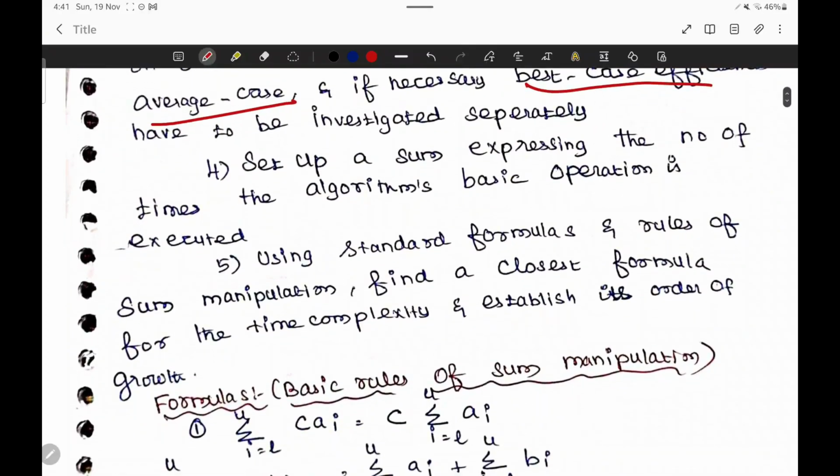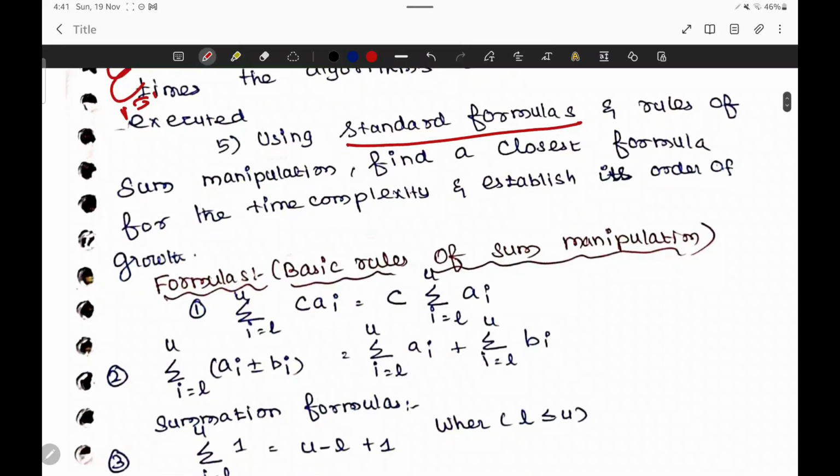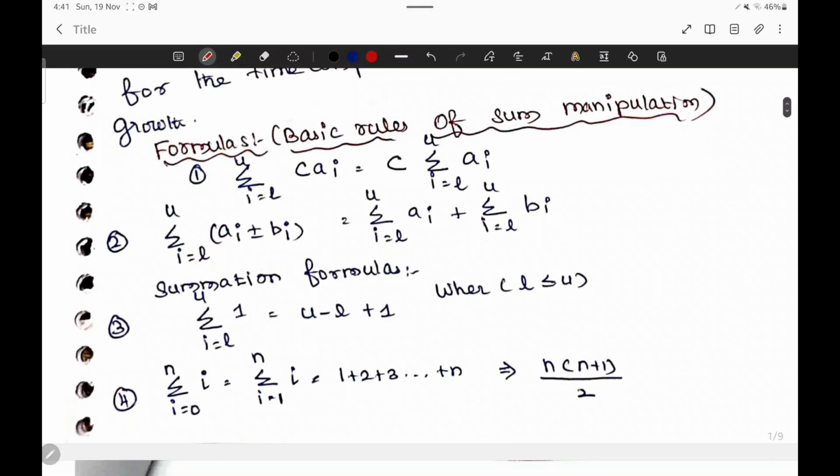The fourth and fifth steps are different in the non-recursive compared to the recursive algorithm. In the fourth step, we need to set up a sum expression, for example the summation of a particular variable ranging from a lower bound to an upper bound. Using the standard formula, we need to solve that sum expression. These are the basic rules of sum manipulations.